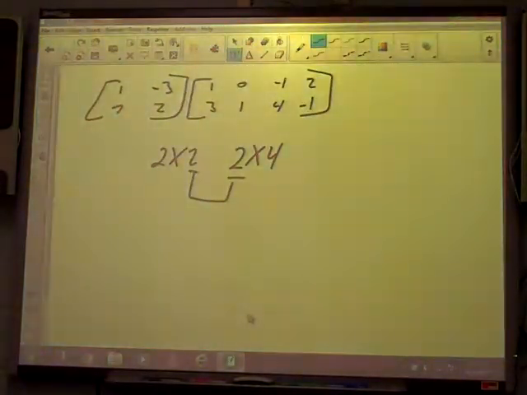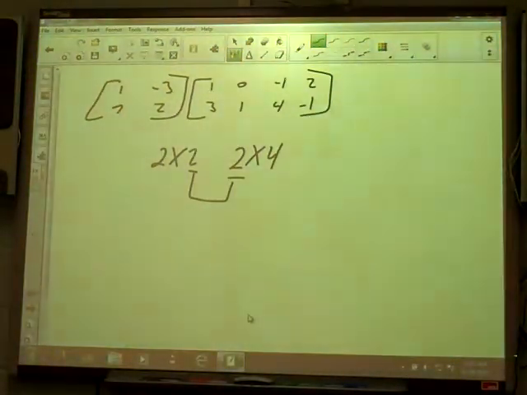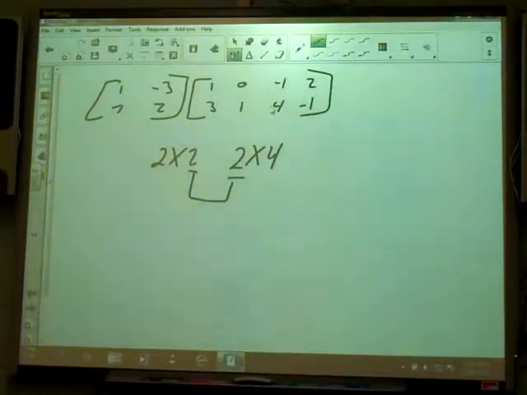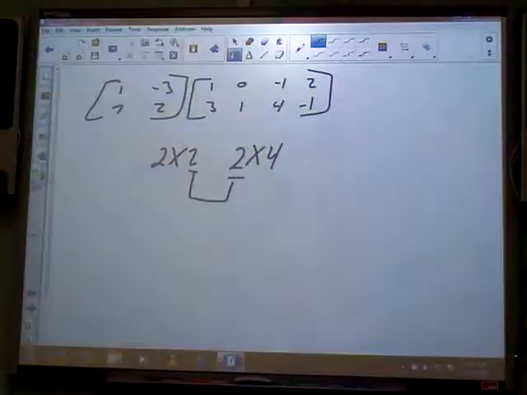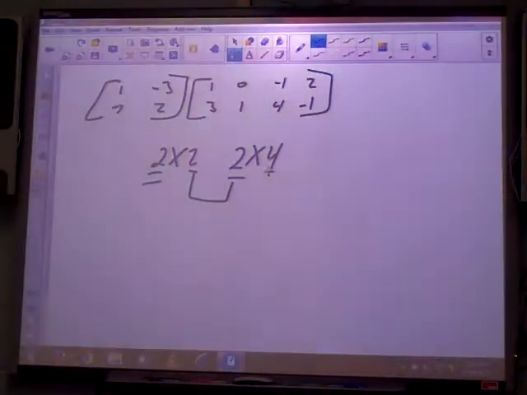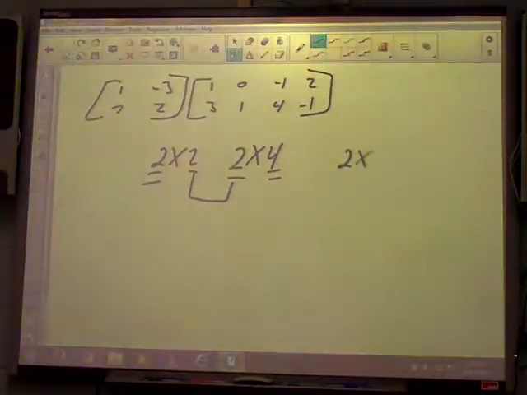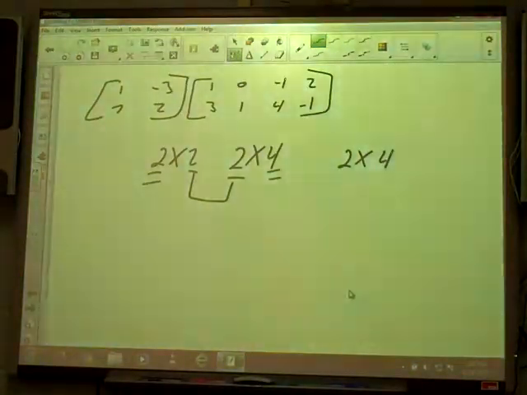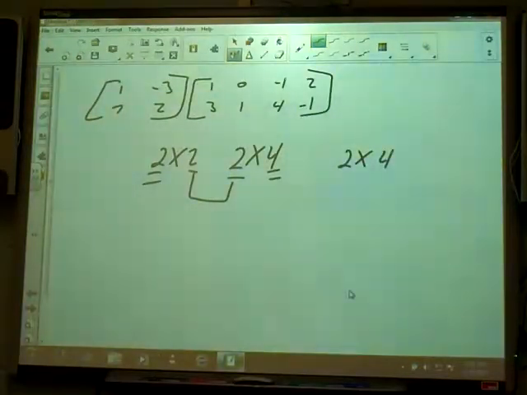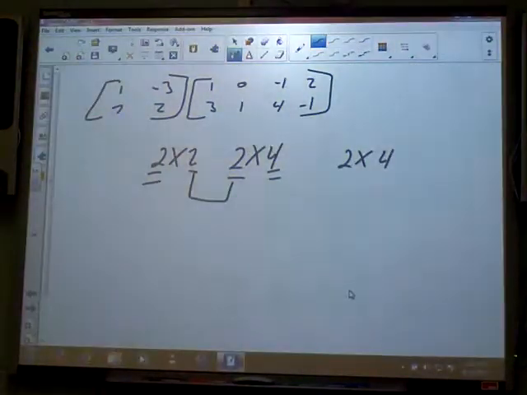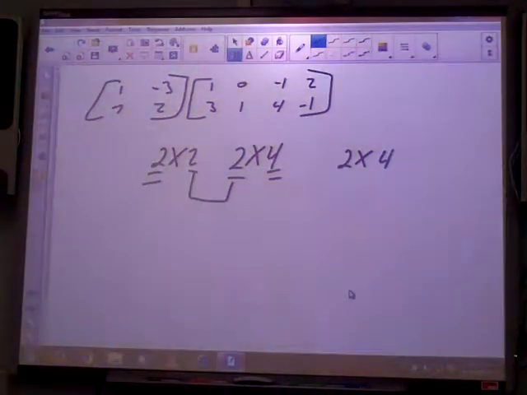In this case it is. So it's good. This is possible to multiply. 2 and 2 is the same. Then what size will my answer be? The outside numbers tell you that. So my answer will be a 2 by 4 matrix. Okay, so if the middle ones are the same, you're good to go, and your answer will be the outside numbers.